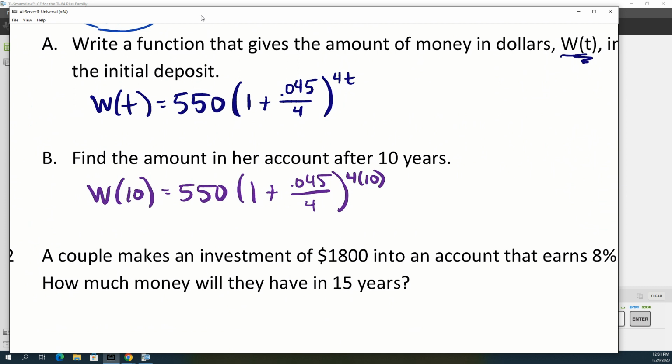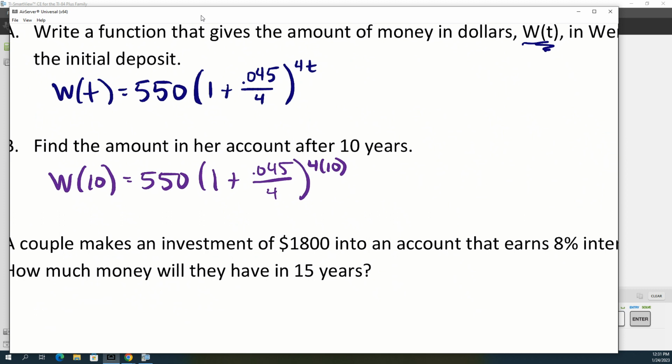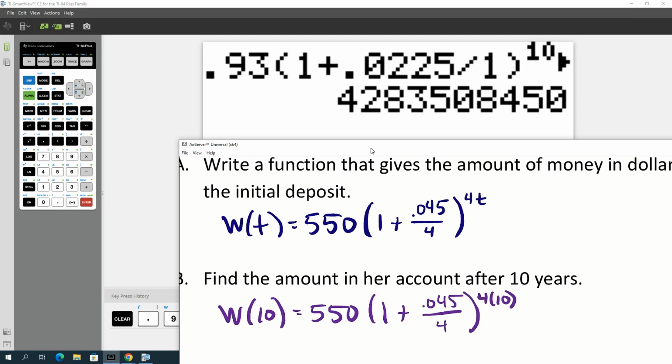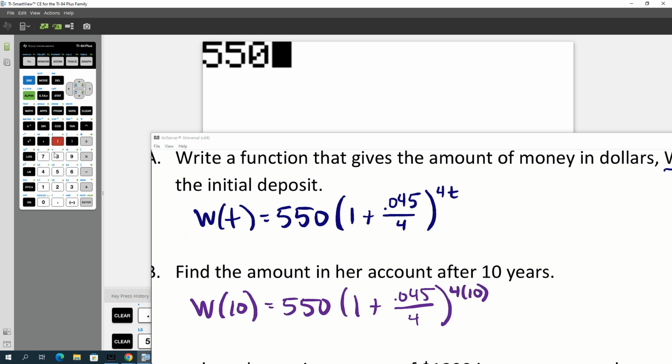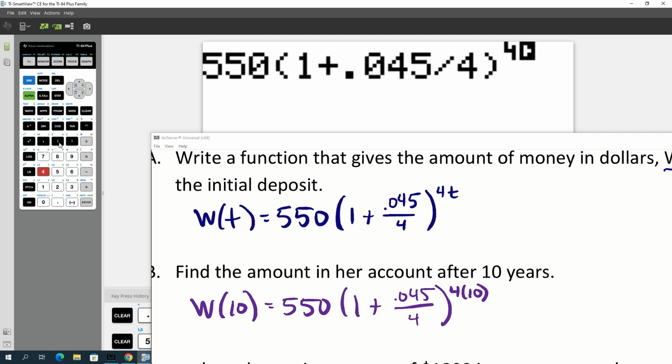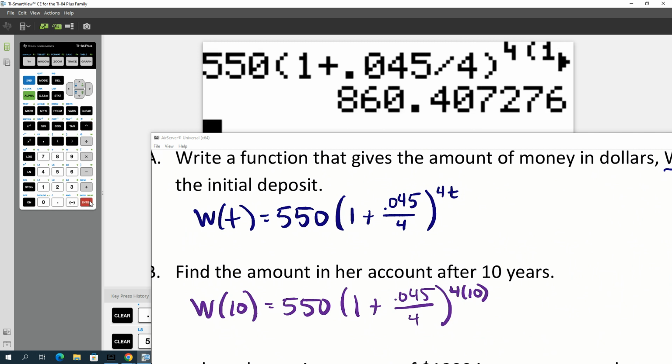It's in the formula. Oh, never mind. You got it? Okay. All right, so after 10 years, her 550 has grown to 860.41.